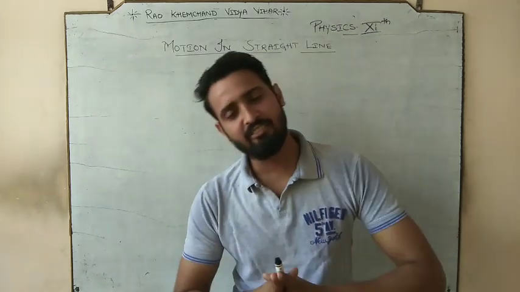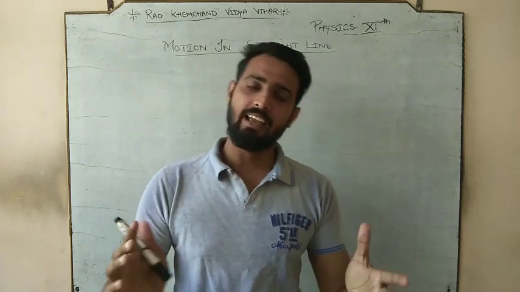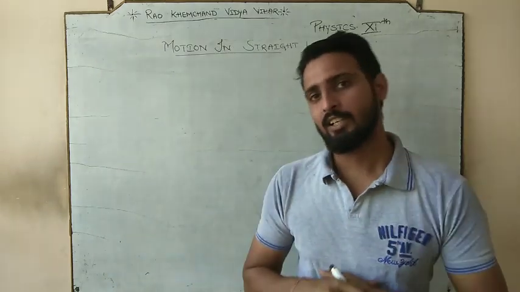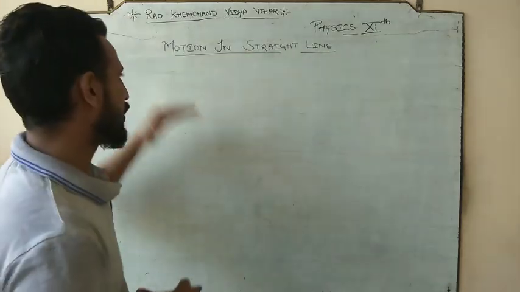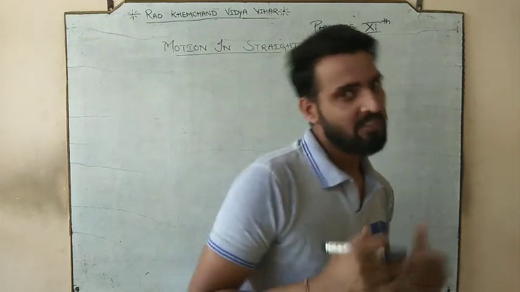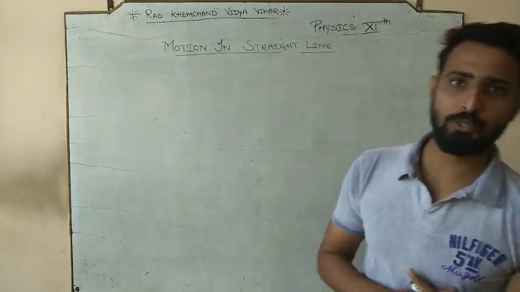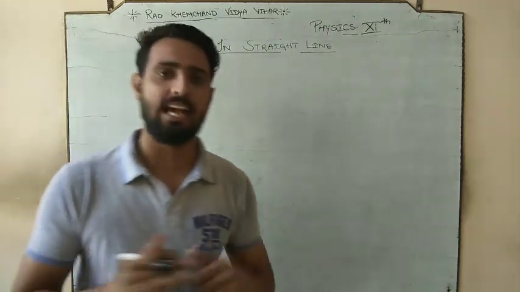I will again welcome each and everyone on the Live Physics VK channel, and here we are again gathered to continue our class 11th topic that we were dealing with, motion in a straight line. So till now we have discussed the motion, and we are particularly looking at motion in a straight line.